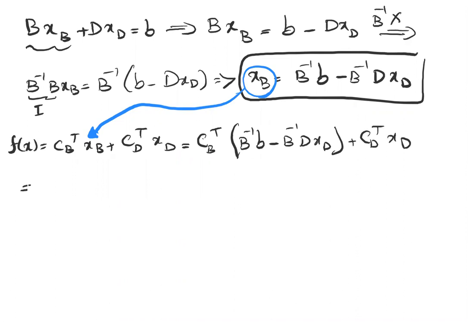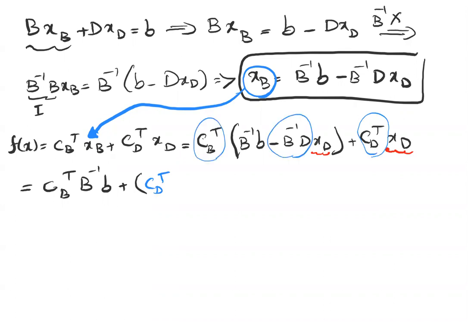If we simplify this further, we have C_B transpose B inverse b plus, here I'm going to factor X sub D, we have C_D transpose from here, and these elements minus C_B transpose B inverse D, multiplied by X_D.